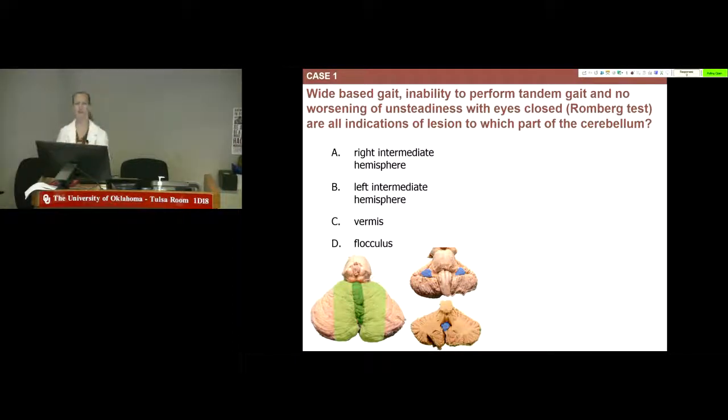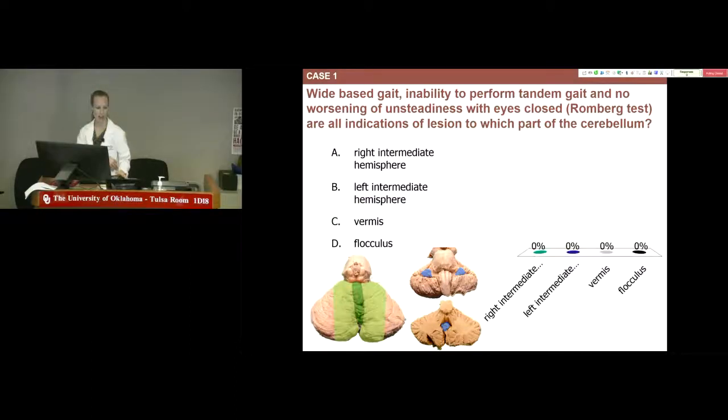All right, so wide-based gait, inability to perform tandem gait, and no worsening of unsteadiness with the eyes closed, which was the Romberg test, are all indications of lesions to which part of the cerebellum? Okay, so this would actually be the vermis because those are all signs of truncal ataxia.